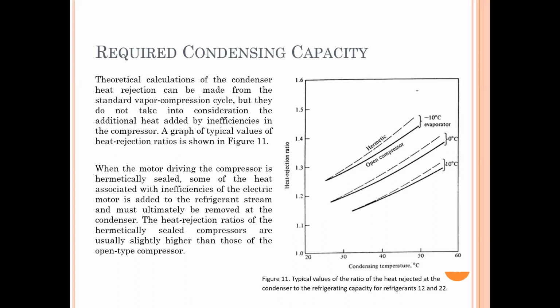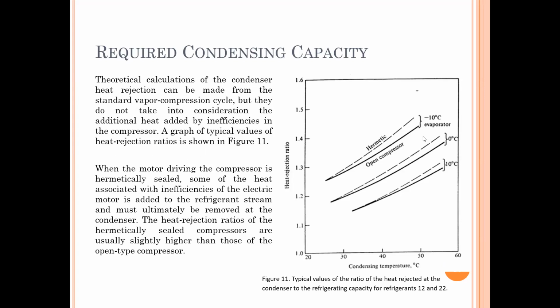So ito. Theoretical calculation of the condenser heat rejection can be made from the standard vapor compression cycle, but they do not take into consideration the additional heat added by inefficiencies in the compressor. A graph of typical values of heat rejection ratio is shown on figure 1.1.